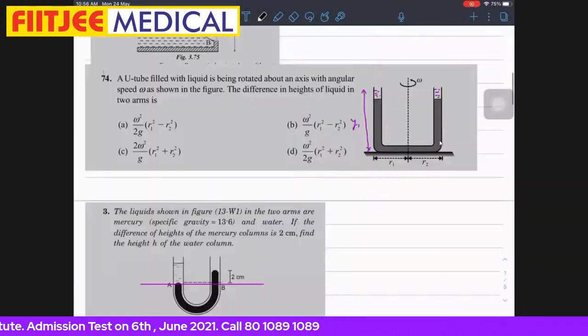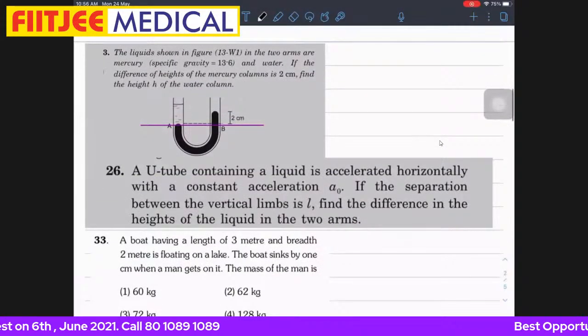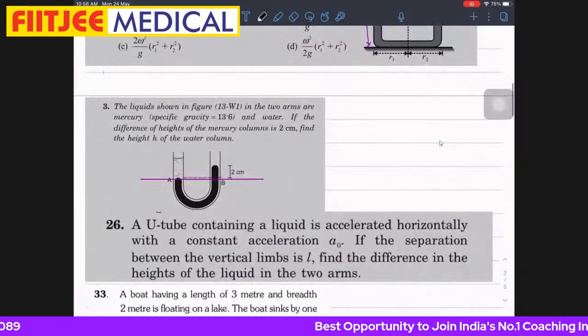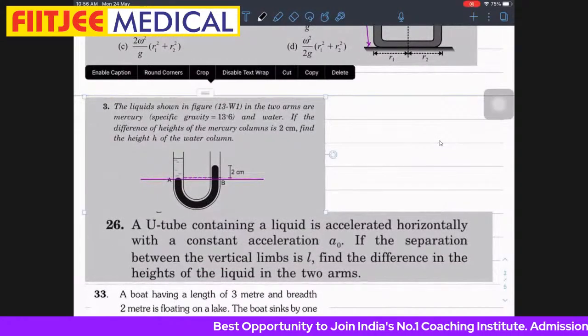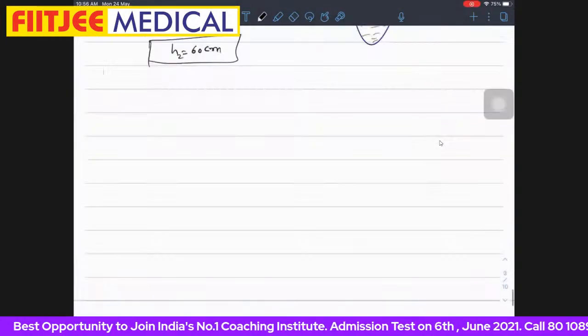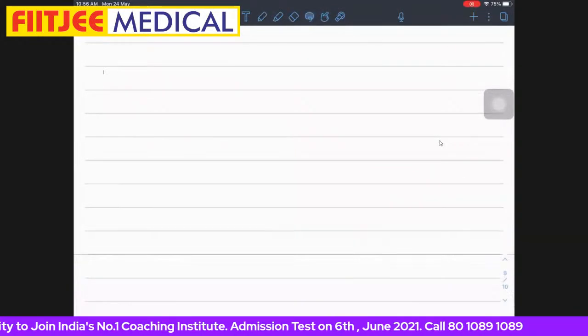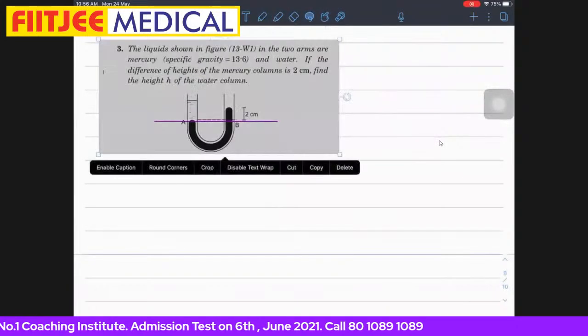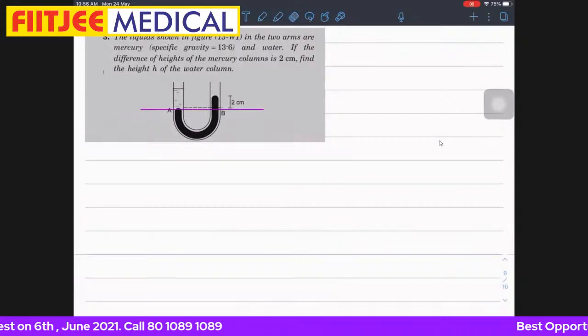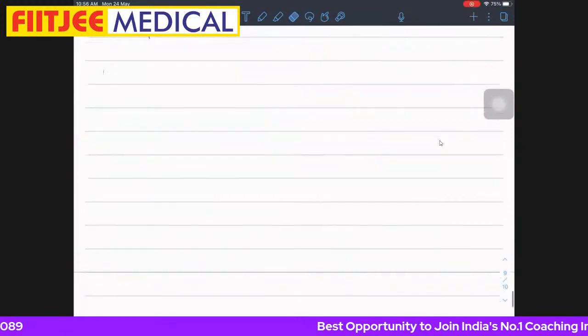Let's take one example. See, we have given, it is a similar problem, so there is no benefit.